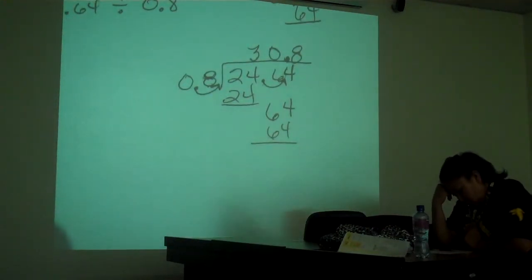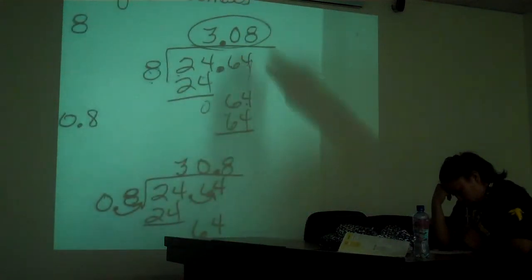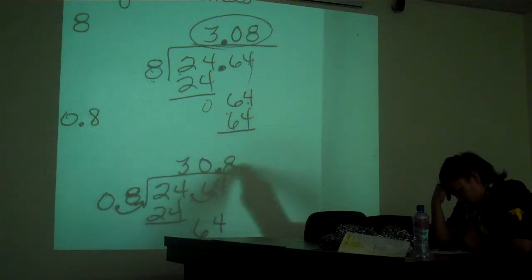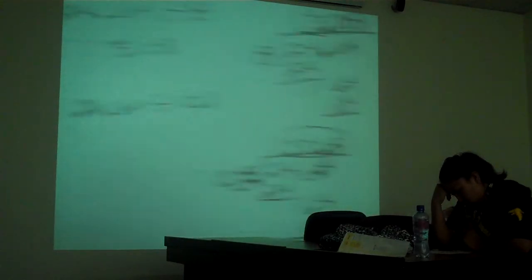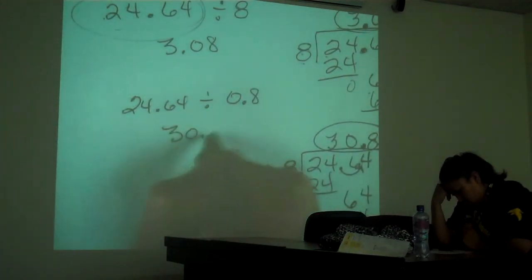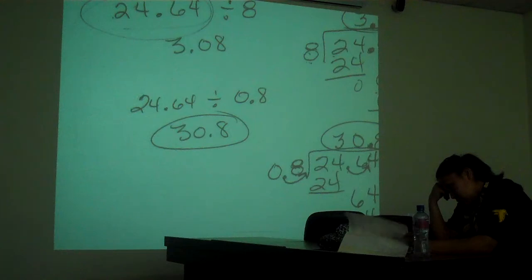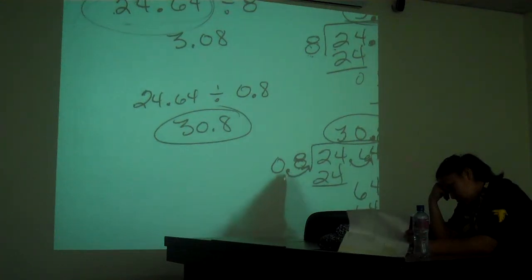See, it has the same answer as the one before, it just moved the decimal. It's 30.8. Okay? So before you do any dividing, you've got to make the outside number into a whole number.